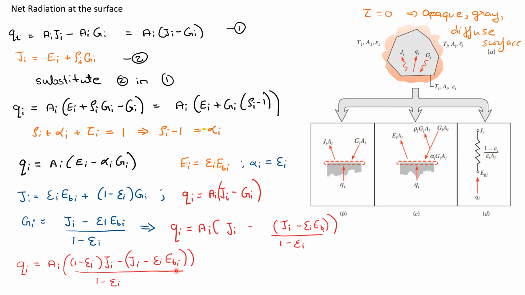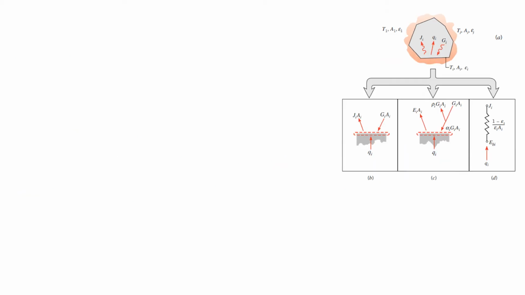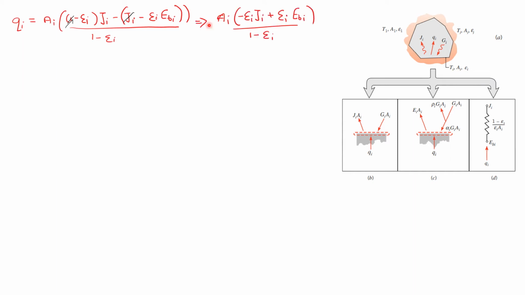And after taking a few things in common and doing the math, this is the equation that we get. If you see, our Gi's here will get cancelled out, and the equation that we'll get will be something like this.